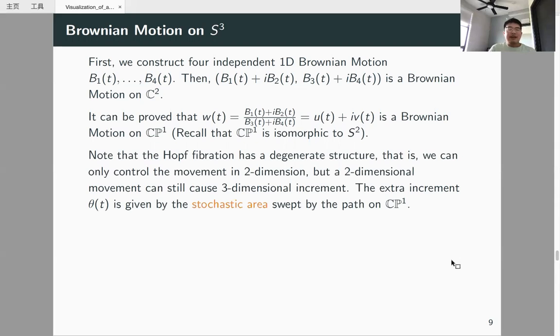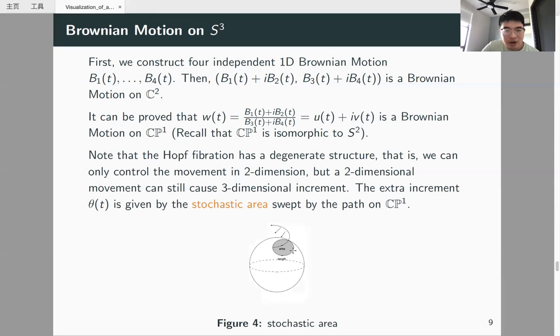And then the Hopf fibration has a degenerate structure. That is, we can only control the movement in 2 dimensions, like the U and V here, but the 2-dimensional movement can still cause a 3-dimensional increment. The extra increment theta(t) is given by the stochastic area swept by the path on CP1. So here is a picture, it may help you to understand this.